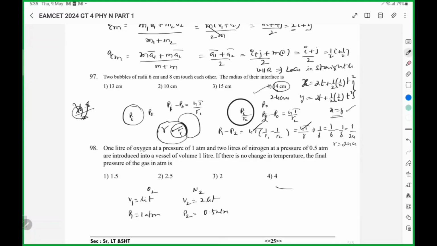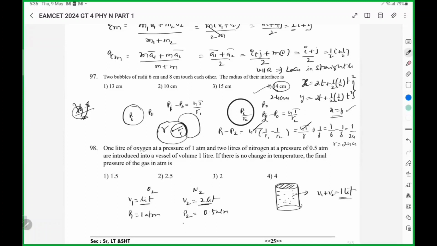After mixing them, the gas can occupy 2 liters or 3 liters, but that can be adjusted in 1 liter volume. So before mixing, that gas occupies 1 liter, another gas occupies 2 liters. Now both the gases have to be adjusted in 1 liter.